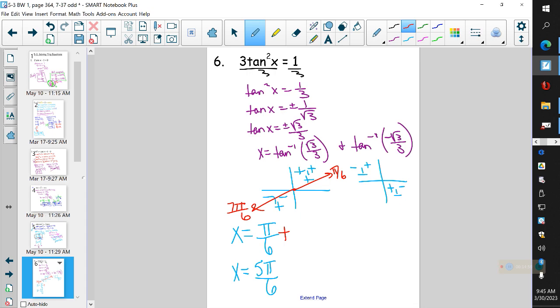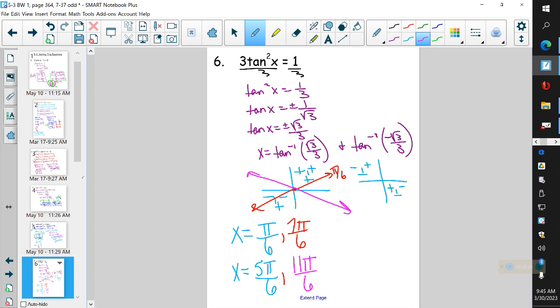Why? Because these both will be positive, and hold on, let me write that down for you so you know what I'm talking about. You should have written it over here. Okay, and then 5 pi over 6 is going to be right here, and if you add pi units to that, you are going to get to the 11 pi over 6.